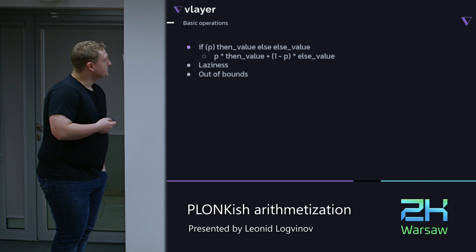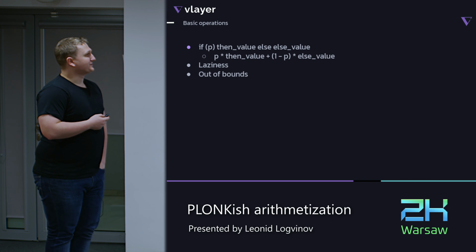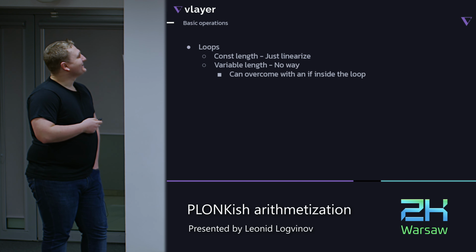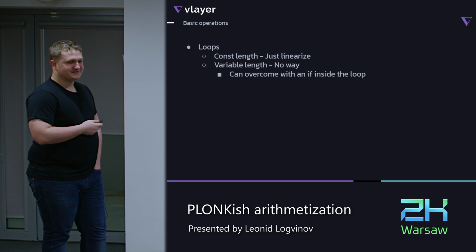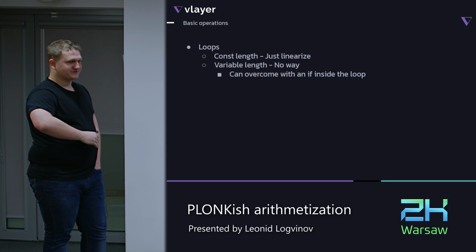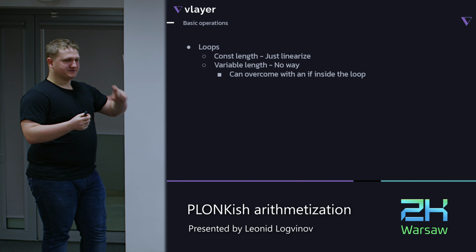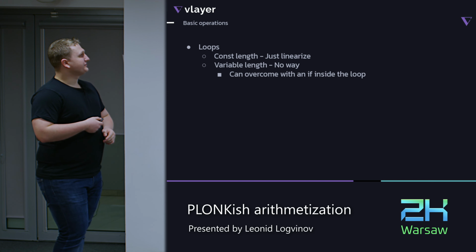Yeah, so we're talking about ifs, which is the first interesting stuff that happened here. Loops are much less interesting, because if they're constant length, then you just linearize it, and it works just like that in the compiler. If you have a loop of 100 iterations, it just copies it 100 times and does nothing else. If they're variable length, then, well, too bad, out of luck.